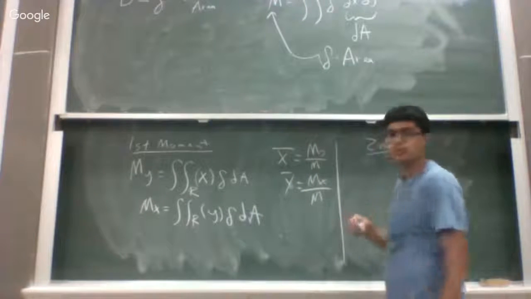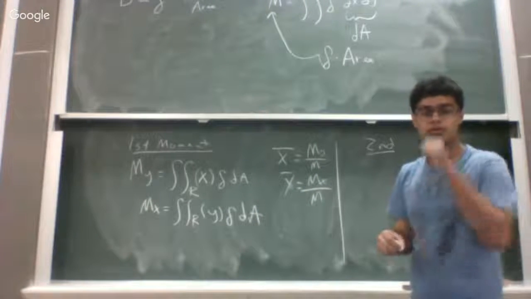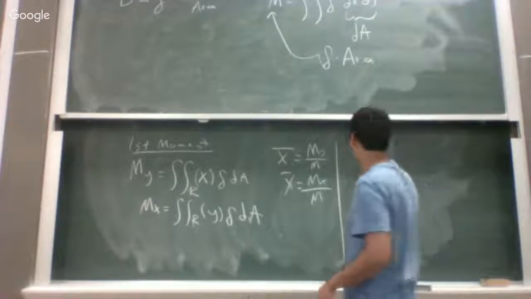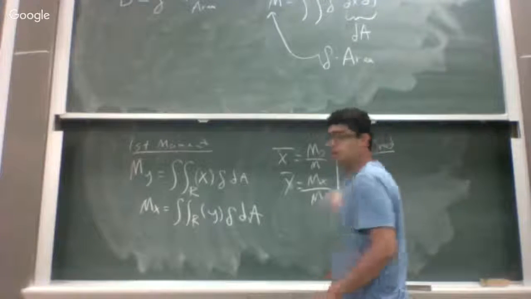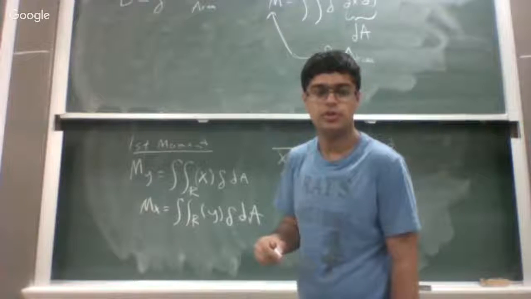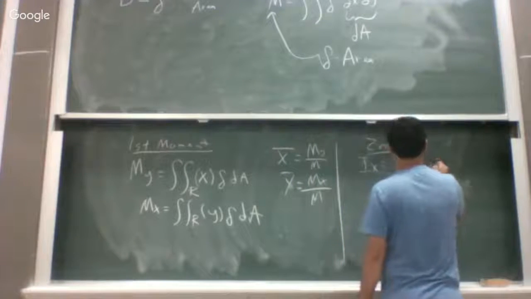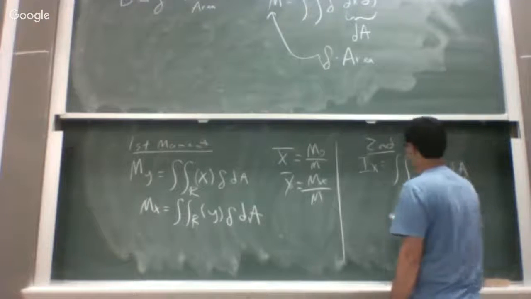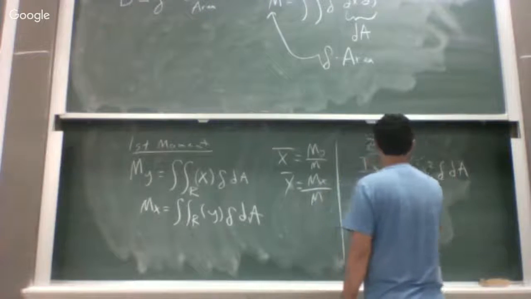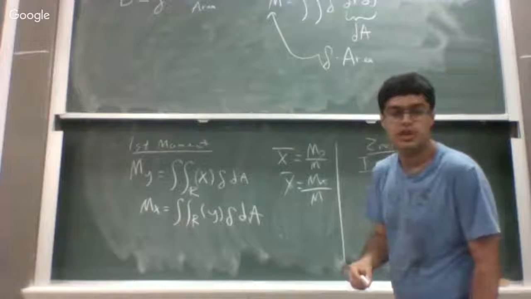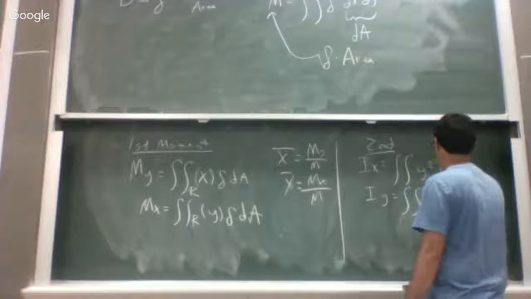The second moment is Ix. For Ix, we have the double integral of y squared rho dA. So then Iy is the double integral of x squared rho dA.